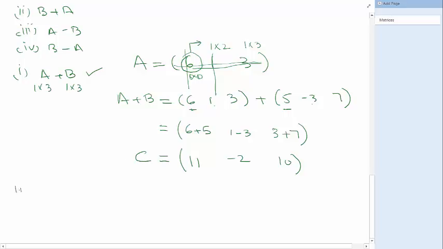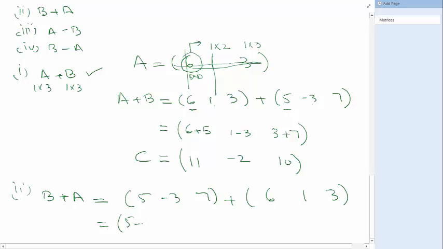Alright, let's try part number 2, which is B plus A. I'm trying to derive some important result out of it, so let's wait for that. B plus A should be like this, right? When we try to add these two matrices, we need to add the corresponding entries. So here, the result should be 5 plus 6, minus 3 plus 1, and 7 plus 3.